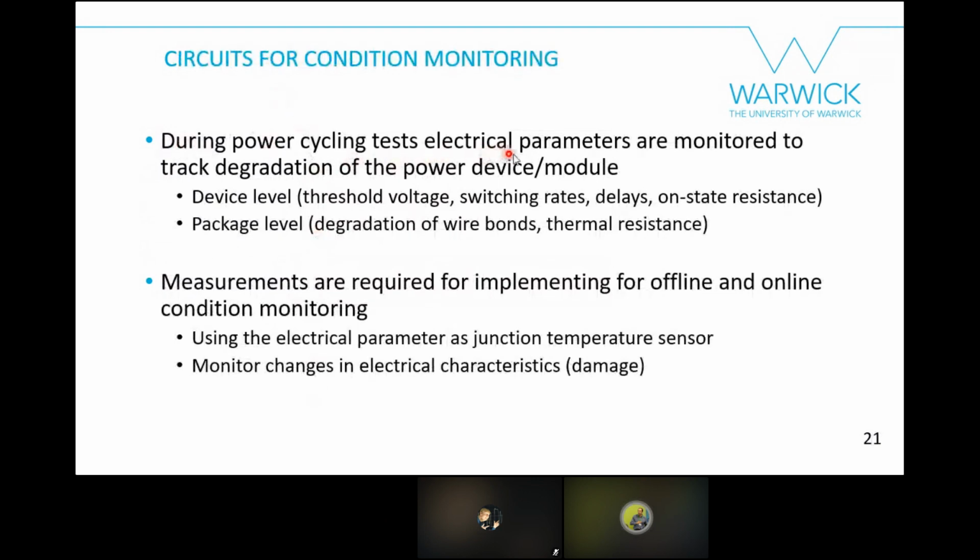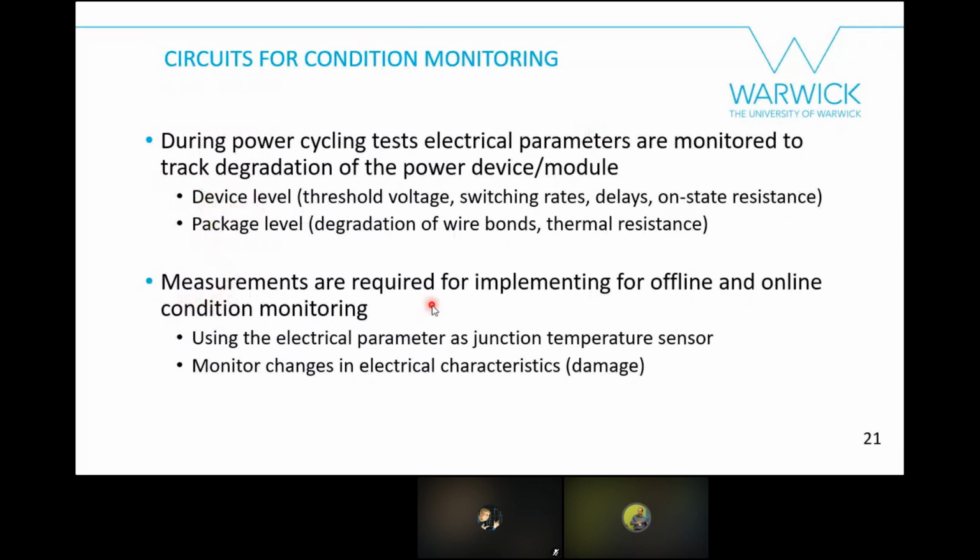As mentioned, during power cycling tests, electrical parameters are monitored to track the degradation of the power device module. You can do this at device level, so you can monitor the threshold voltage, switching rates, delays, on-state resistance, or you can do this at package level, so the degradation of the wire bonds and thermal resistance. So you can monitor how your system is degrading at both device level and package level.